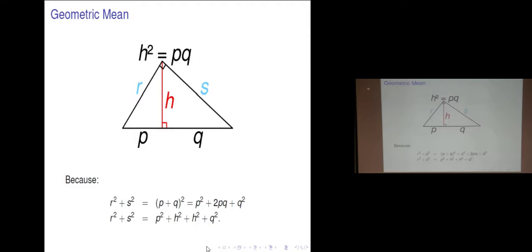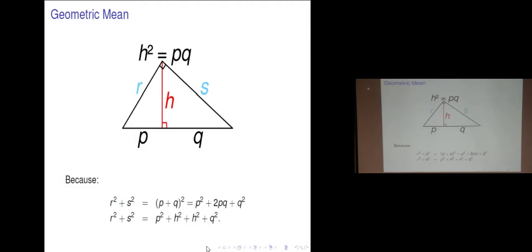If you look at the big triangle, R squared plus S squared equals P plus Q squared, because this is a right-angled triangle. In other words, R squared plus S squared equals P squared plus 2PQ plus Q squared.